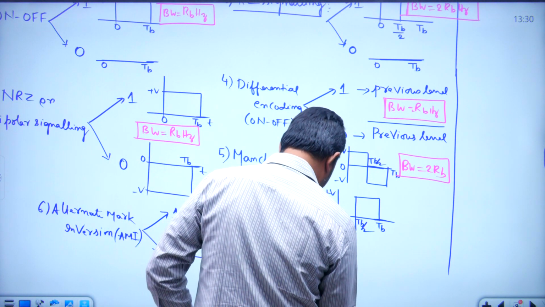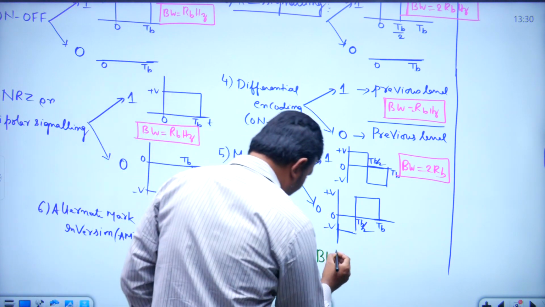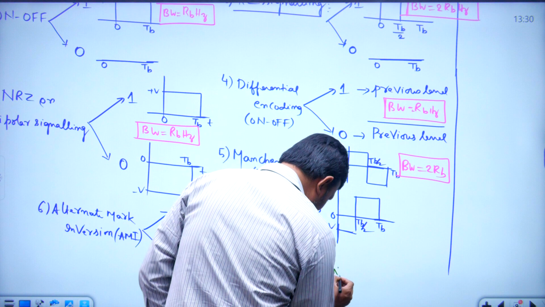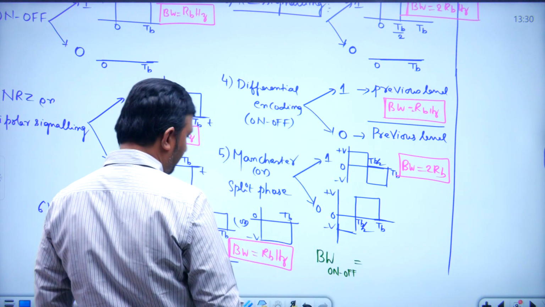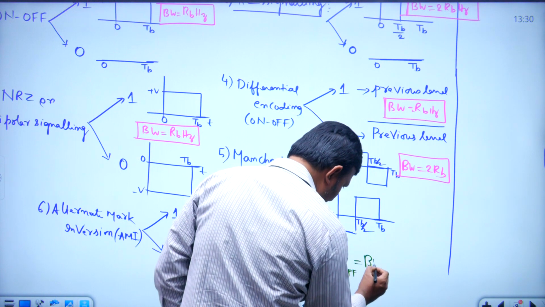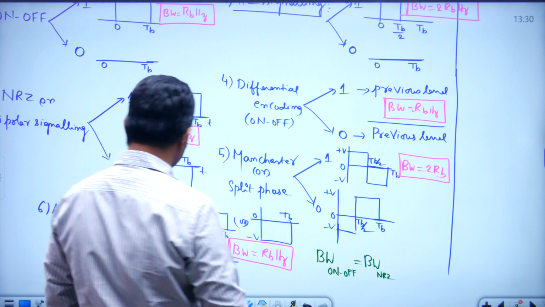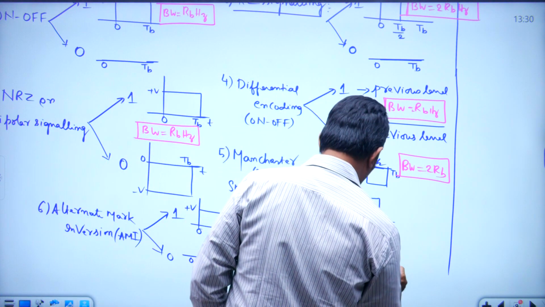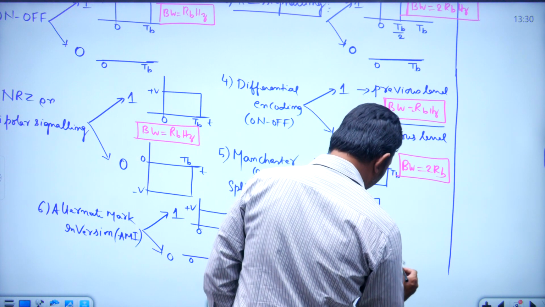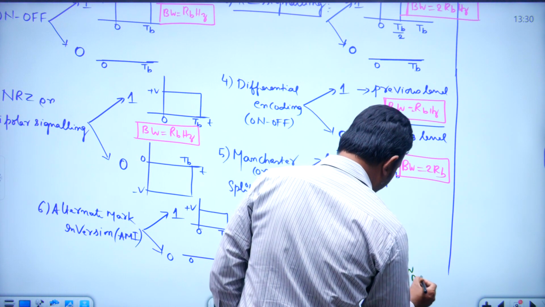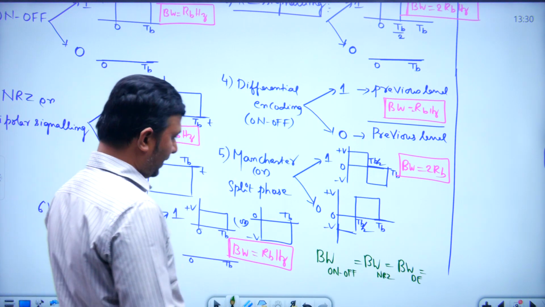Bandwidth of on off is equal to bandwidth of NRZ, which is equal to bandwidth of differential encoding, which is equal to bandwidth of AMI.